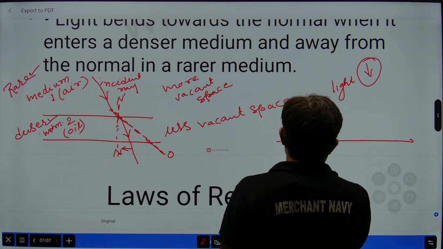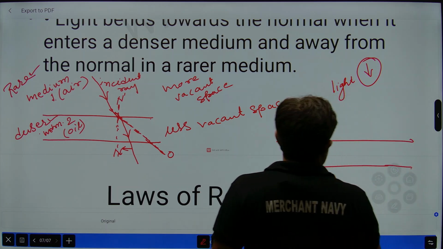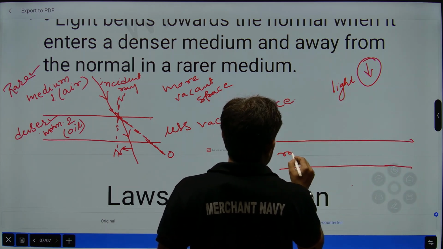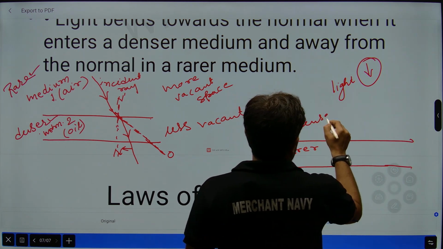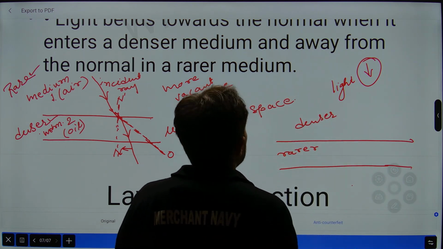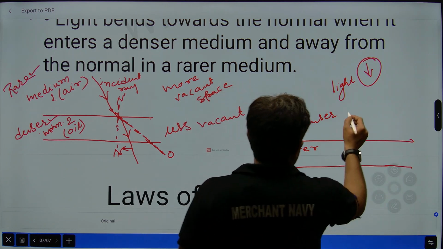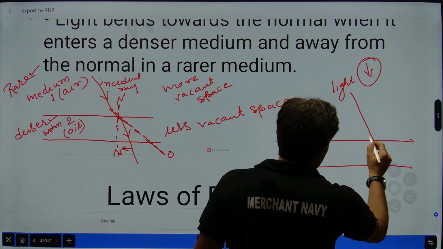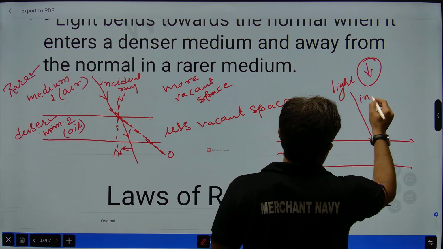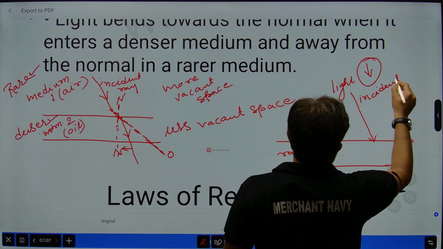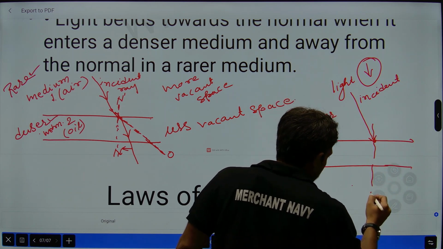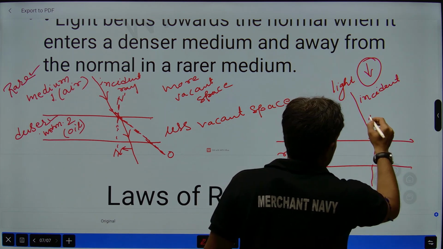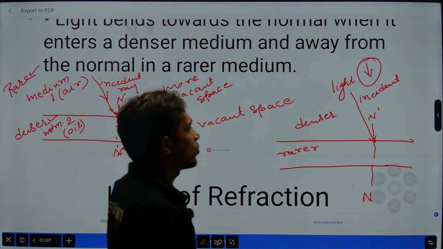Now, let us suppose the same condition where this is a rarer medium and this is a denser medium. So, when a ray comes from a denser medium, it is called the incident ray. Where it passes, it makes a normal.